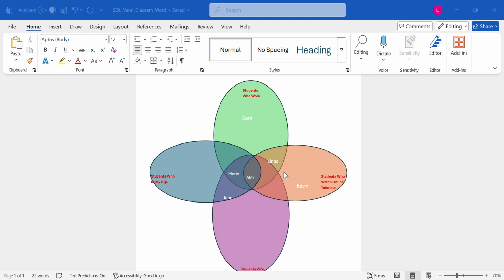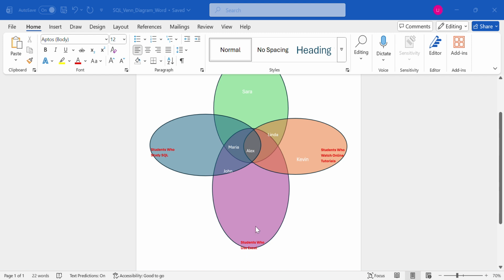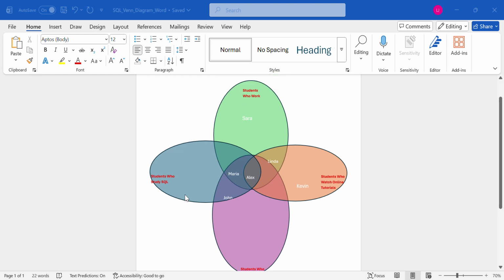So basically, what that means is that the students who work show everything in the database, the students who watch online tutorials show everything in the database, the students who study SQL show everything in the database, while the students who use Excel show everything in that database. Like the full join brings out every piece of data in it and does not leave anyone out.